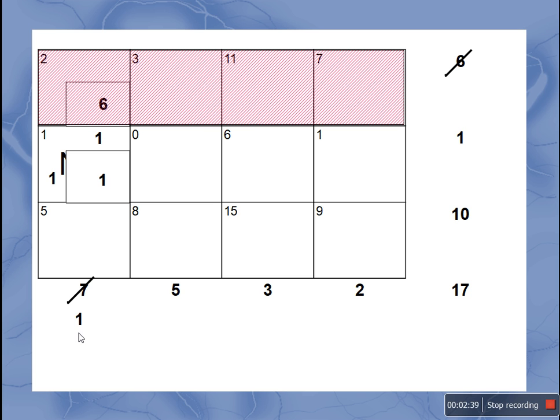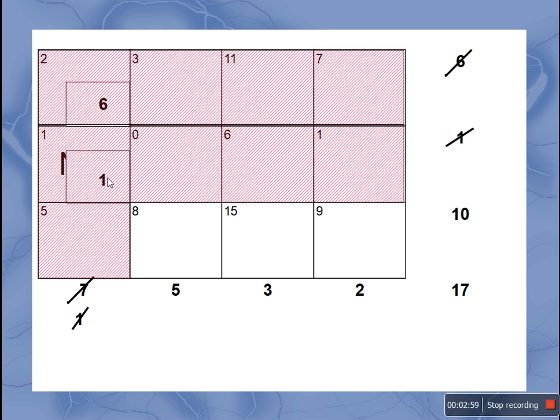So for this column we cannot make any further allocation, and similarly for this row we cannot make any further allocation because the whole supply units and the whole demand values have been used here. So we have eliminated the row and the column.